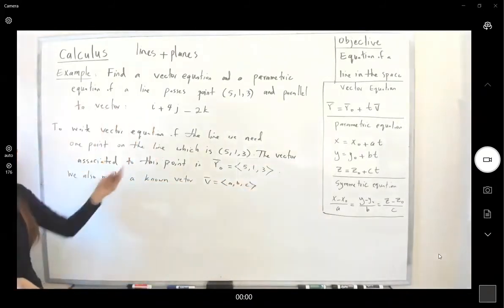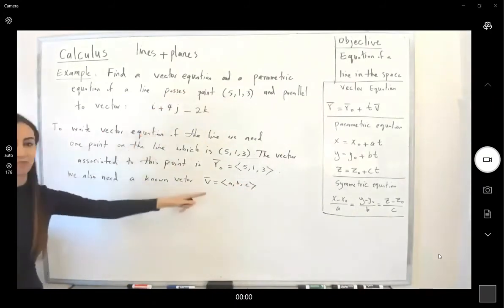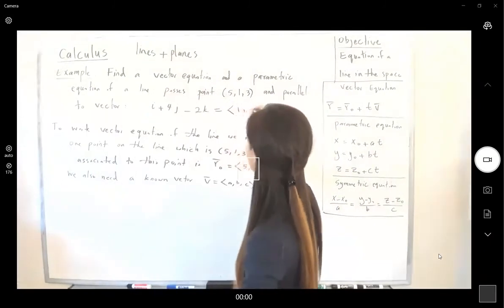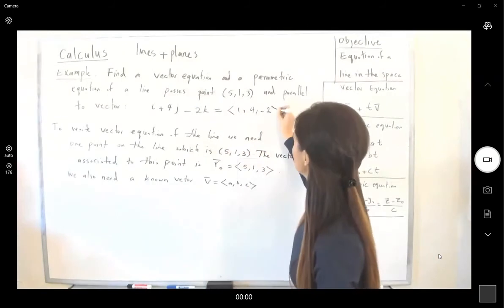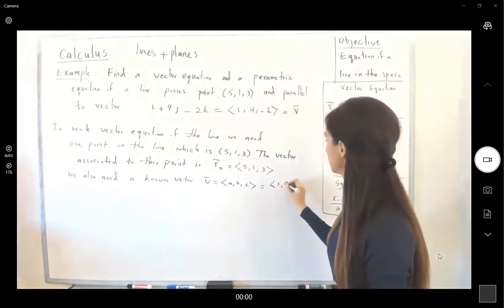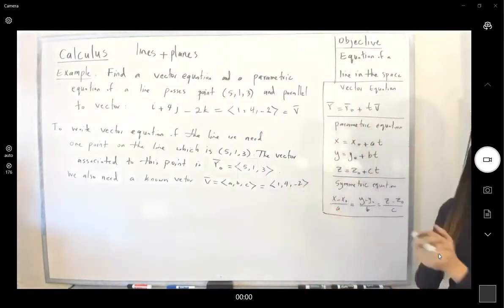We know that our line is parallel to this known vector v, with components 1, 4, and negative 2. So we have all the information that we need.